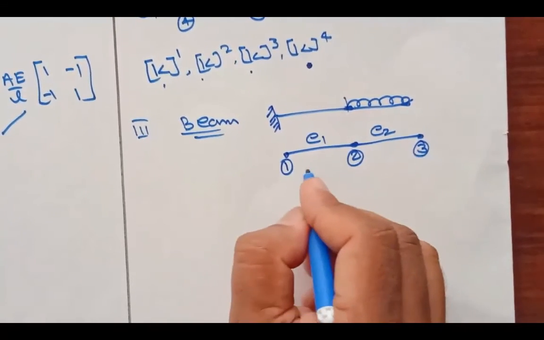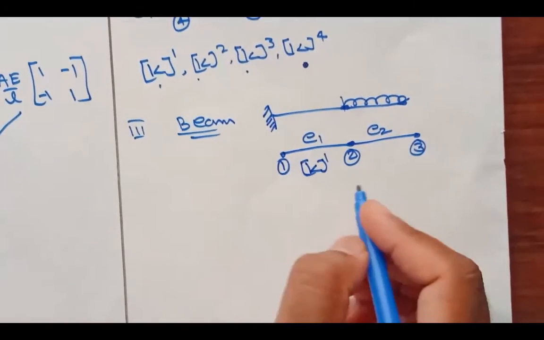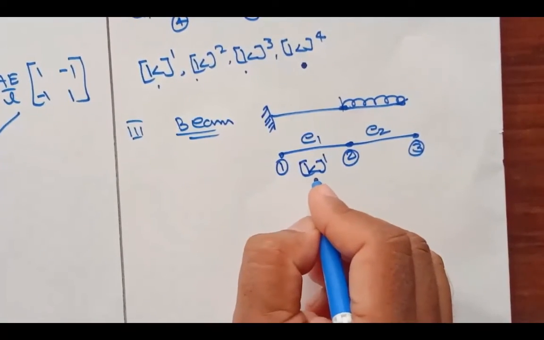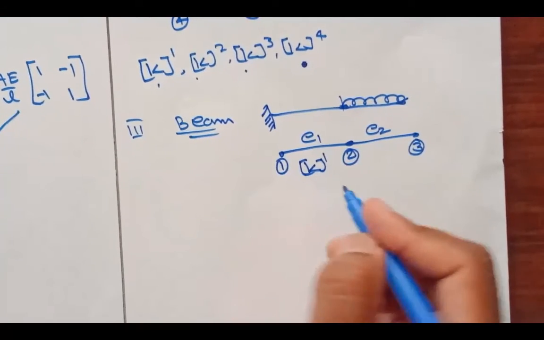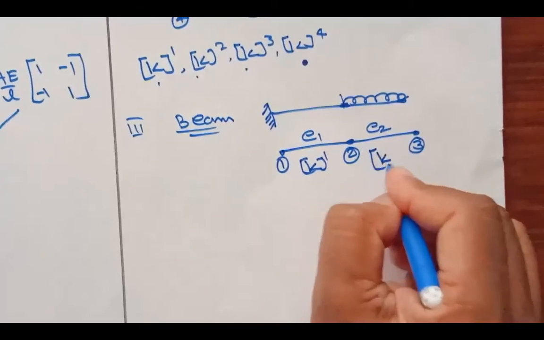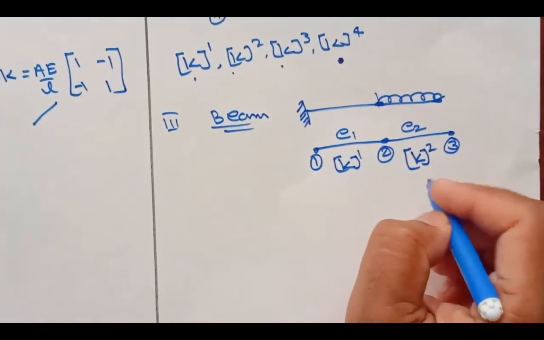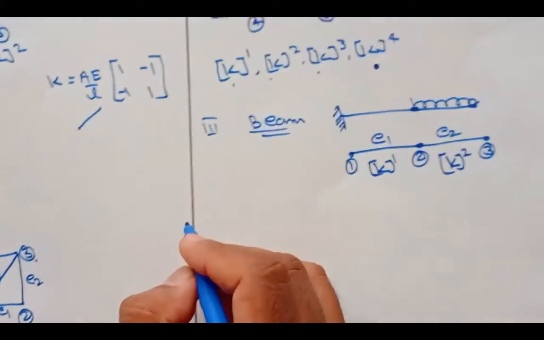Therefore it is possible to calculate K superposition 1 for a beam using the beam stiffness matrix. Similarly, for element 2, you should calculate K superposition 2 using the beam element stiffness matrix formula. That we have seen in the last class.